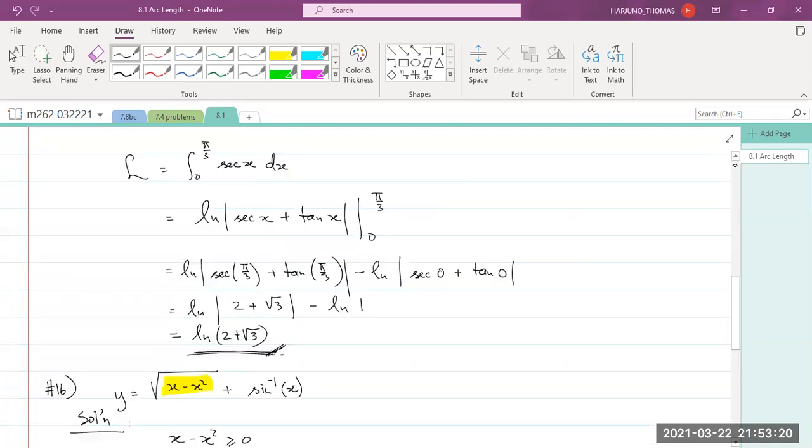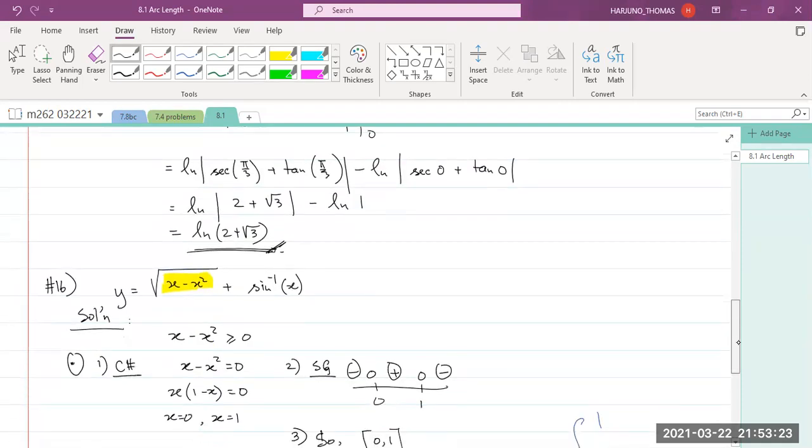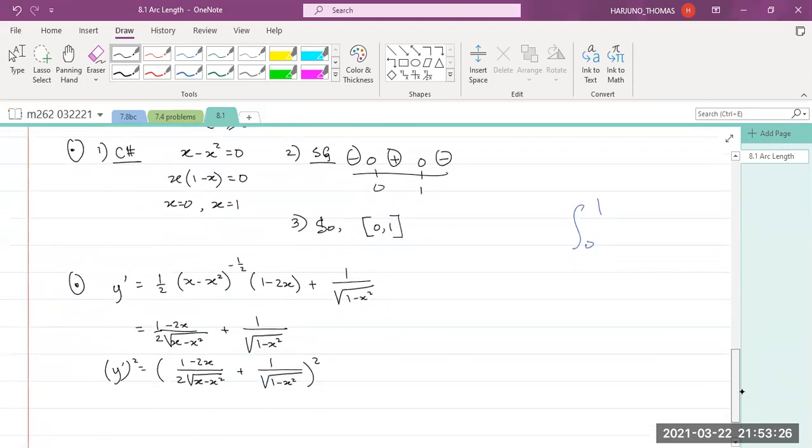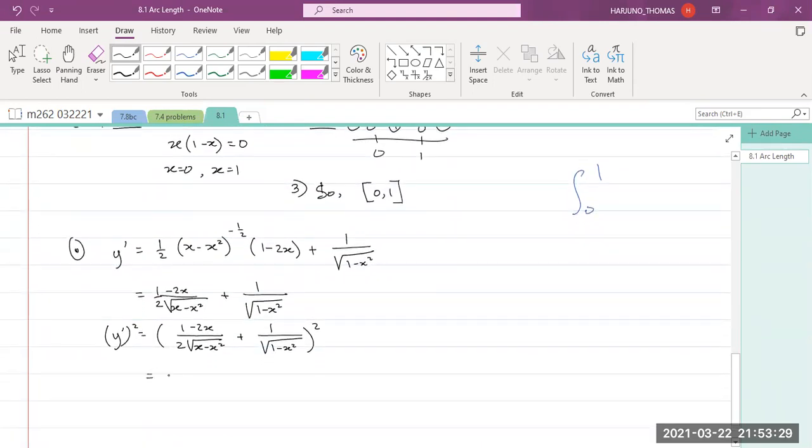The derivative of sine inverse x is correct, right? Yeah, it's 1 over that. Now, if I square that, it will be 1 minus 2x squared over 4 times x minus x squared, plus 2 times 1 minus 2x over 2 times square root of x minus x squared, square root of 1 minus x squared, plus 1 over 1 minus x squared.